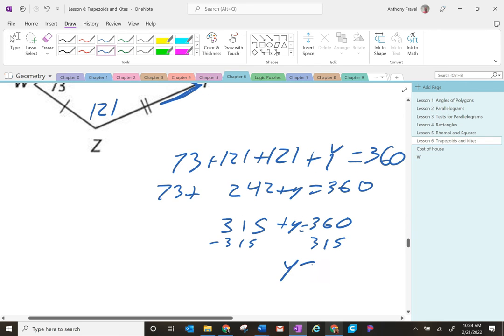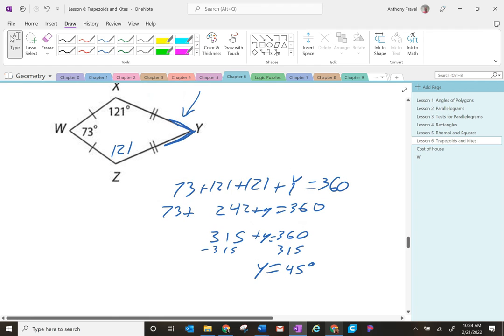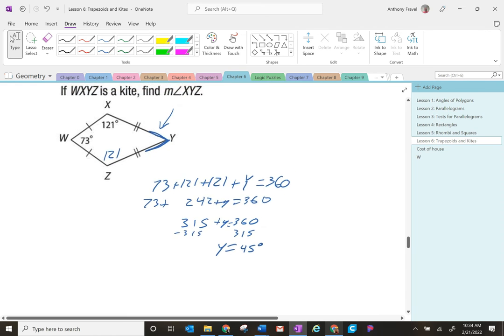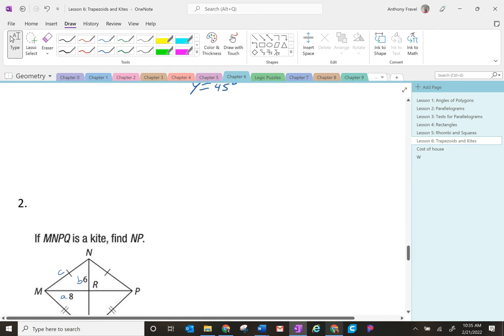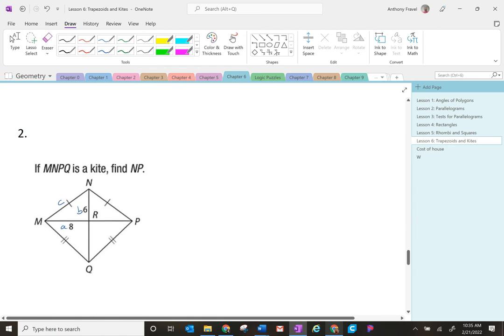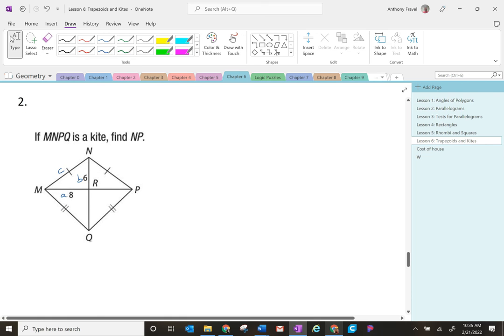I get y equals 45 degrees. Is that making sense? Again, once you figure out those shapes, you are set.